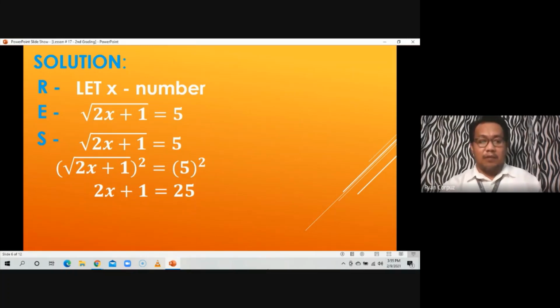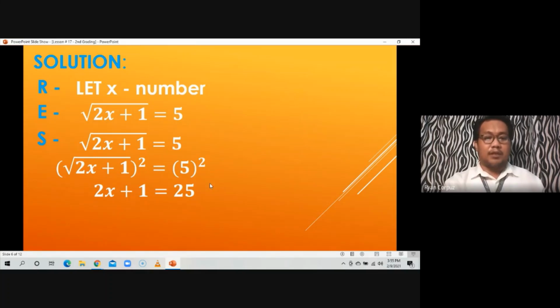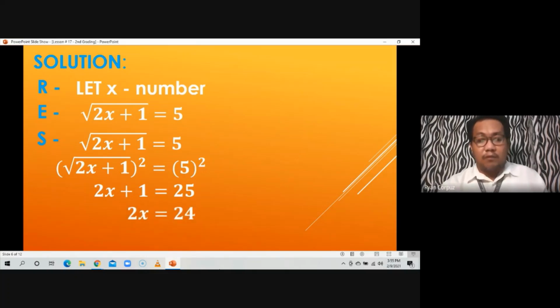Then isolating the variable by combining similar terms, that is by moving 1 to the right side of the equation, magiging 25 minus 1. So 2x is equal to 24. Bakit naging 24? Kasi binove yung 1, naging minus 1, naging 25 minus 1, which is equal to 24.